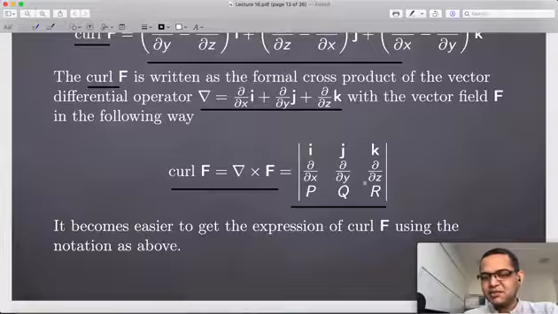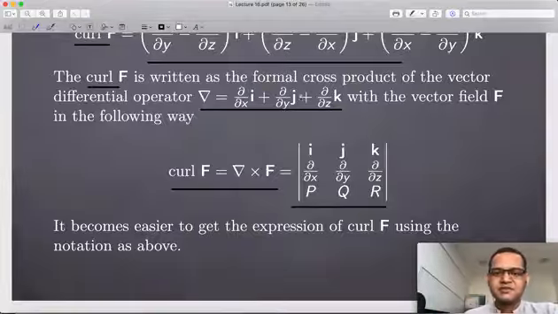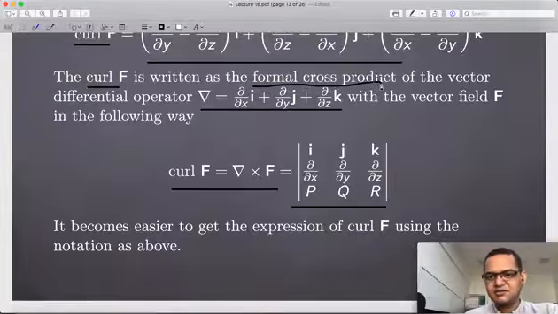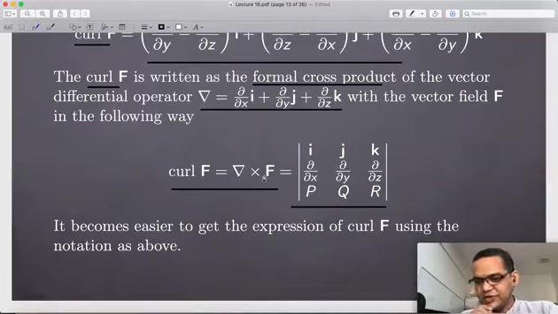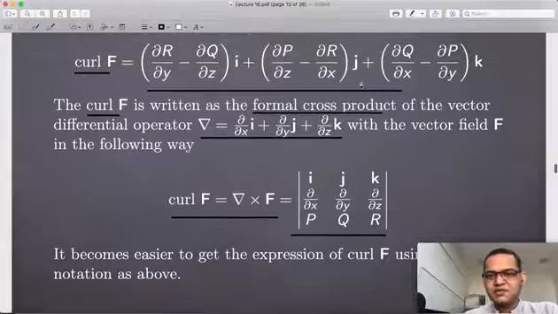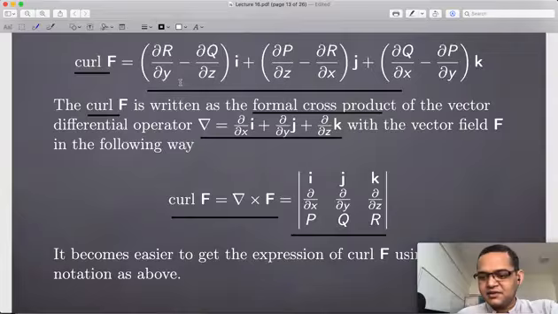If I am taking this multiplication here, that means del by del y is acting on R, so you are talking about the partial derivative of R with respect to y. That is the understanding you have to have, which is why I have written the formal cross product. So you just understand that the curl is basically the cross product of this operator with the vector field, and then this form you will get automatically.